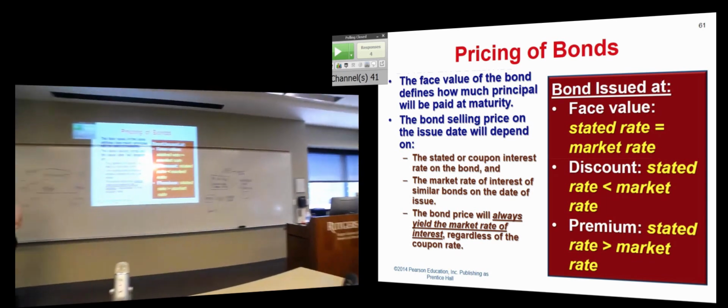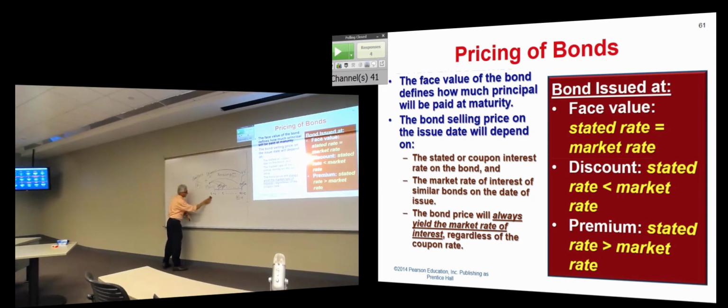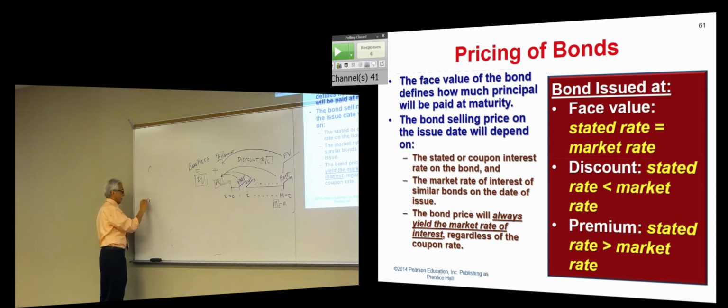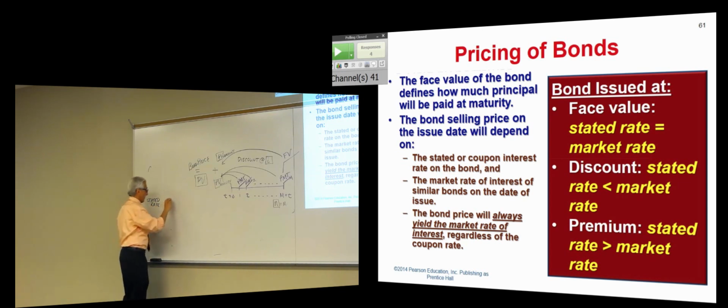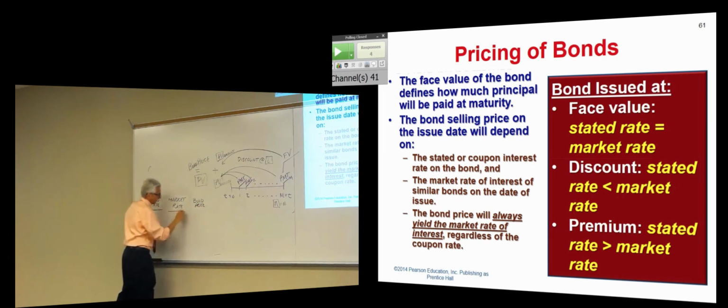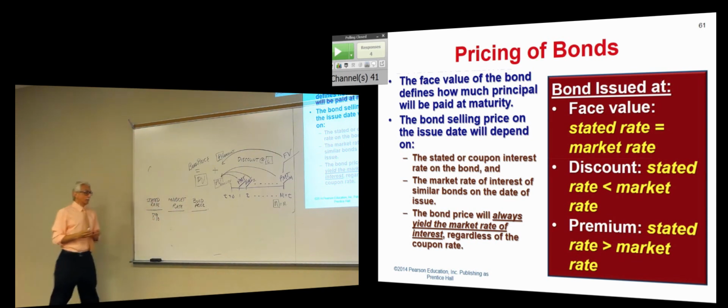So to give you an idea, if you go to market on a date, you got 8% bonds.